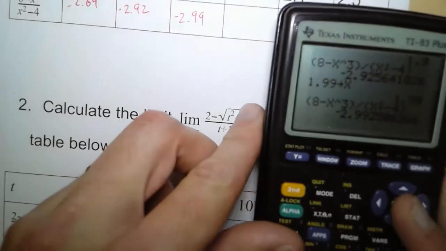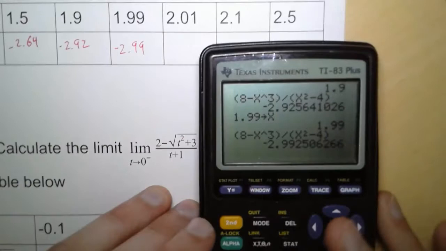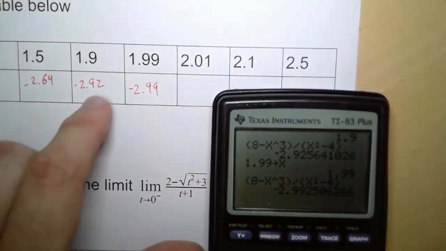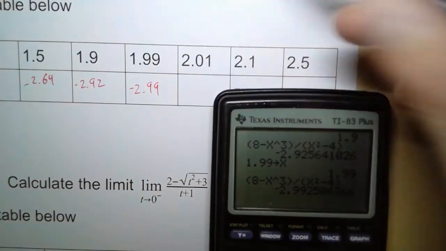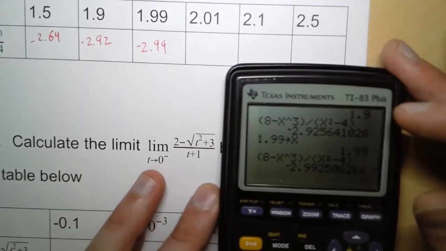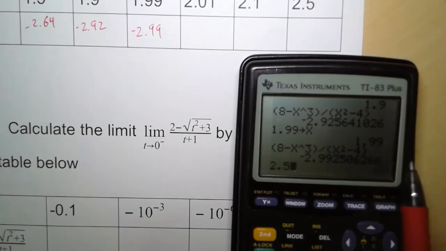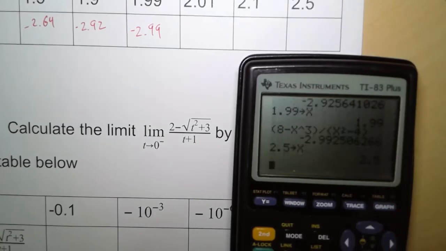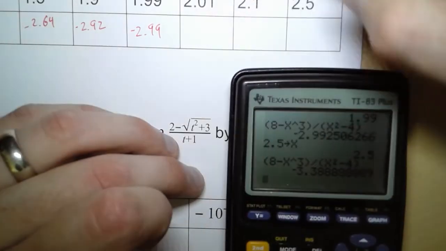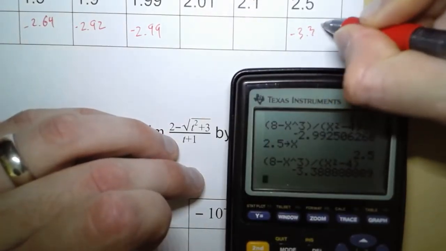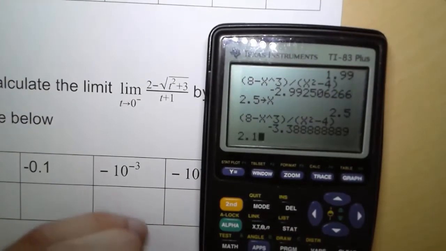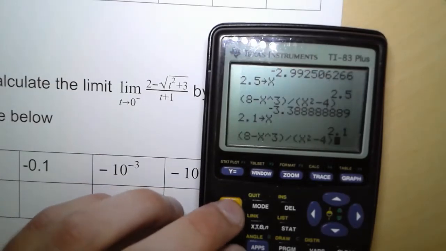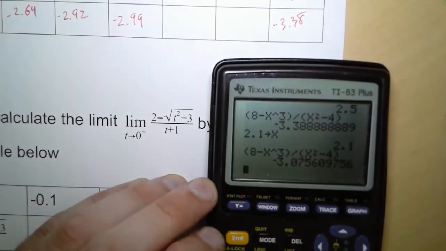So now we can very quickly see that here we're approaching negative 3. Now the question is, do we approach negative 3 coming in from the other side, from the positive side? So we substitute 2.5 in for x, plug that in, and we get negative 3.38. Then we substitute 2.1 in for x, and we get negative 3.08.